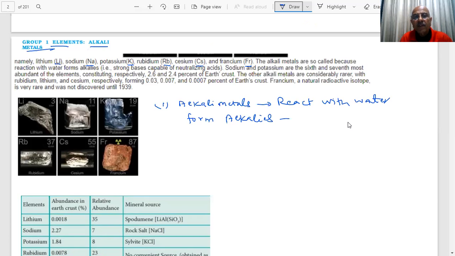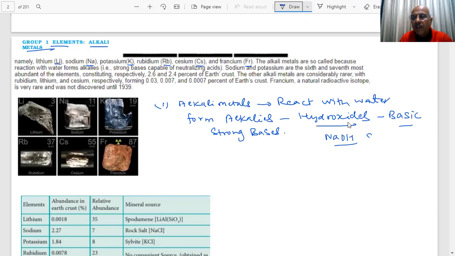They form hydroxides on reaction with water, which are basic. They are strong bases. If you have sodium hydroxide, you know it is a strong base. So the solution will be alkaline.